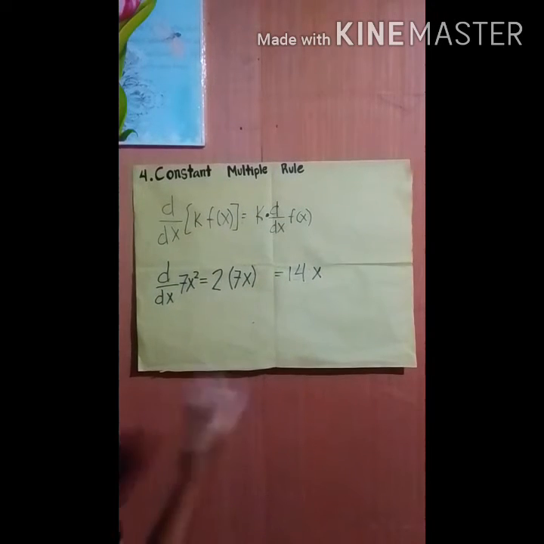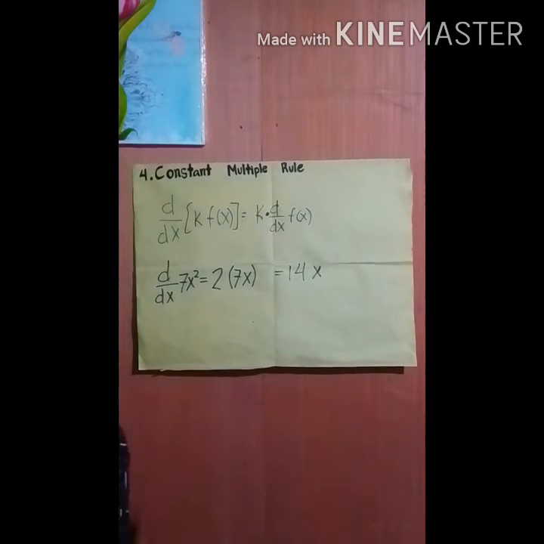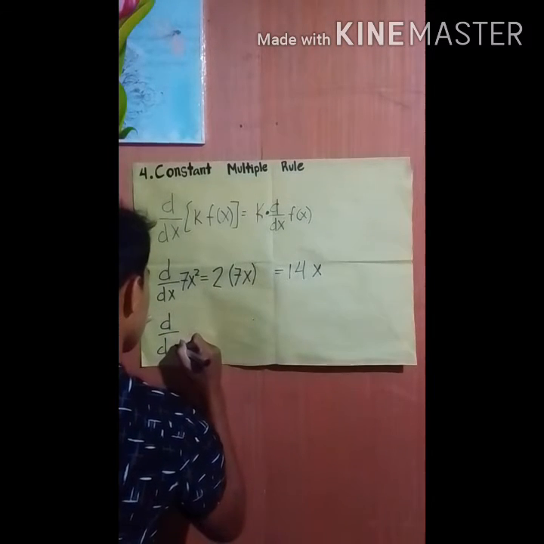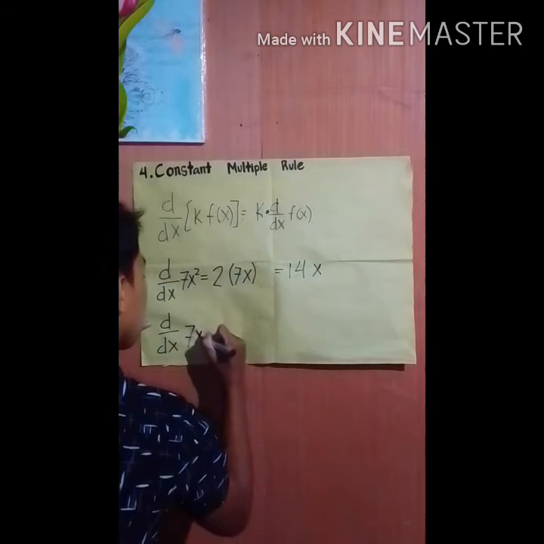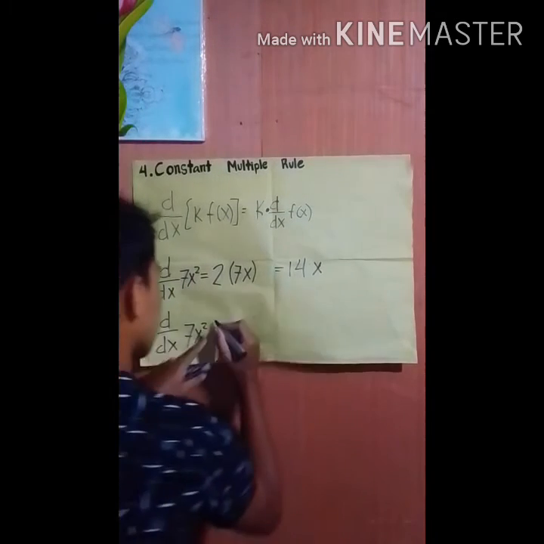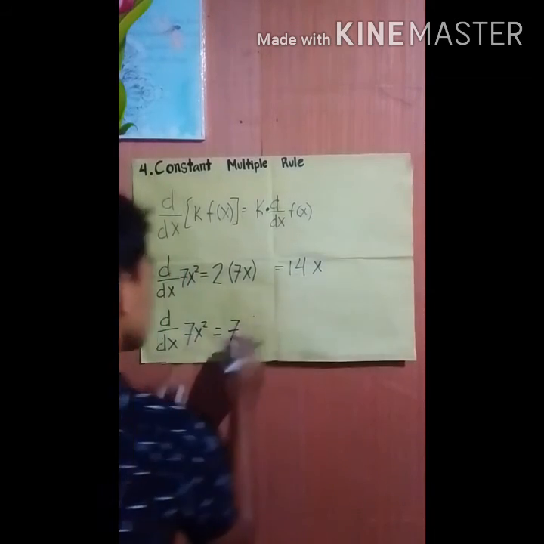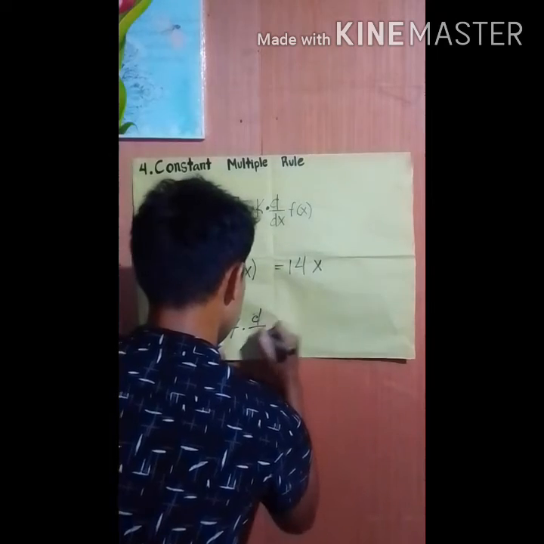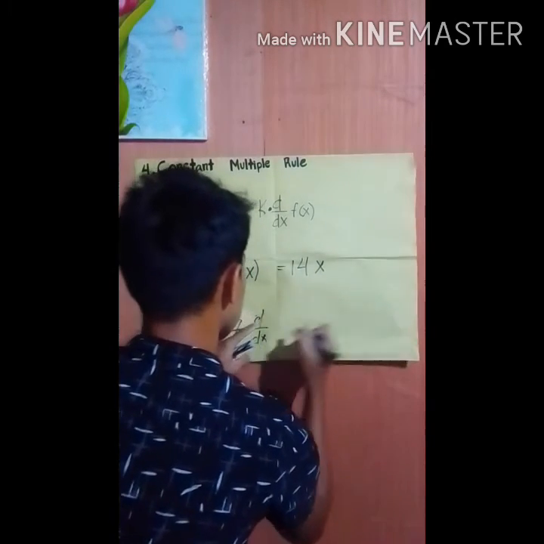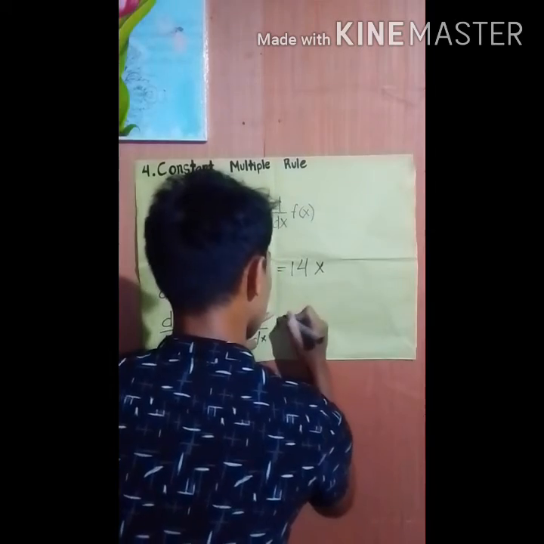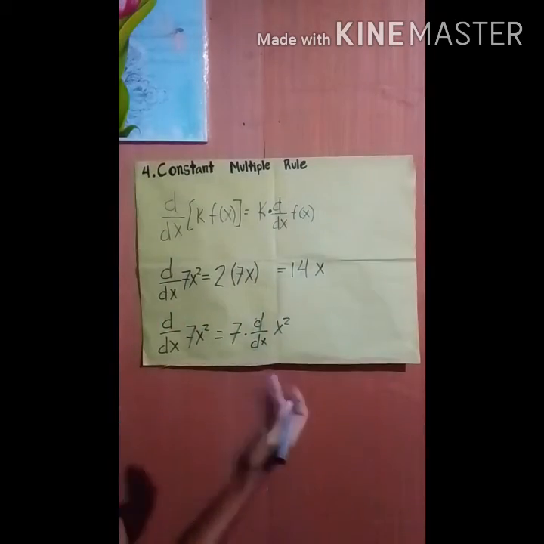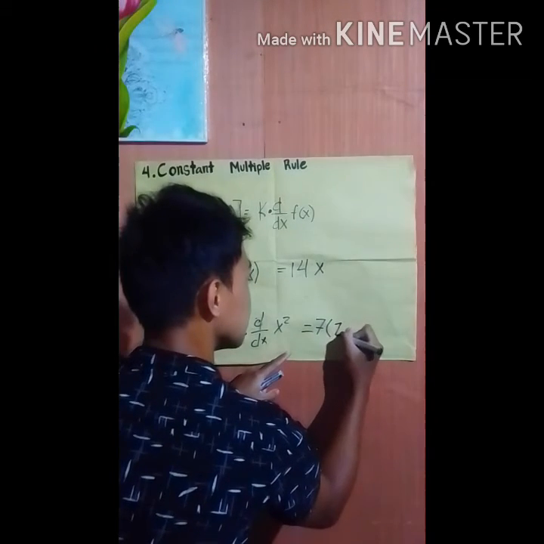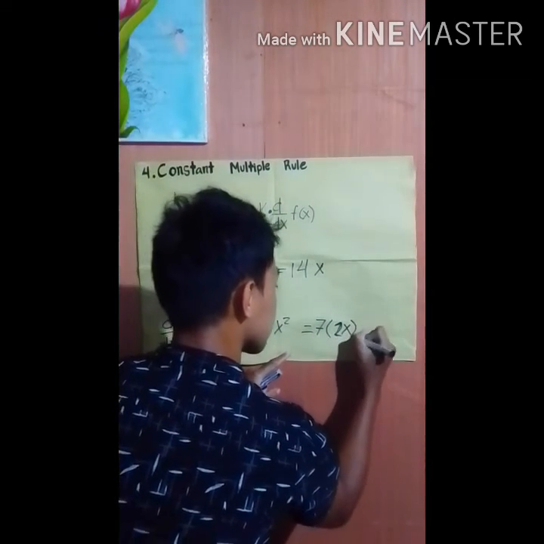Now, here is where the constant multiple rule can be used. The rule says the derivative of 7x squared is equal to 7 multiplied by the derivative of the function x squared, which is 2x.